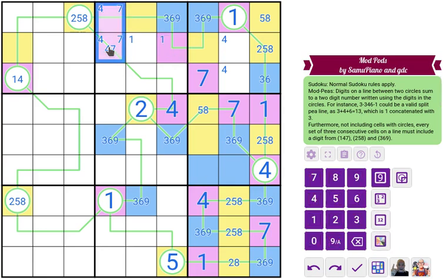Purple, so this is indeed 12 for 7. And this is 1.